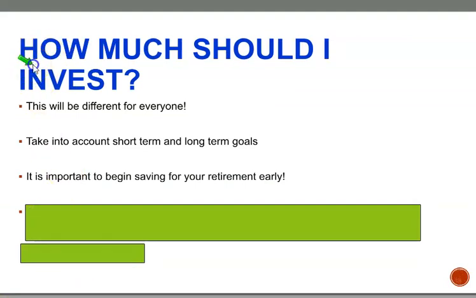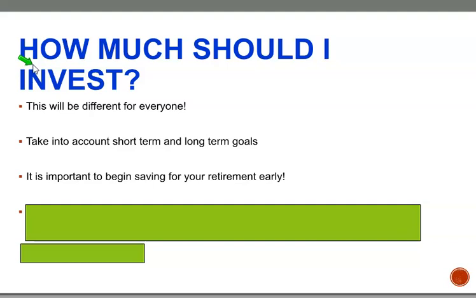Let's take a look at this. A great question: you have your job, you have your budget, and you understand that out of your paycheck there are deductions. From the money you make each paycheck, you're able to pay your bills, your car, your mortgage or rent, your health insurance, your car insurance, and your life insurance we just talked about.